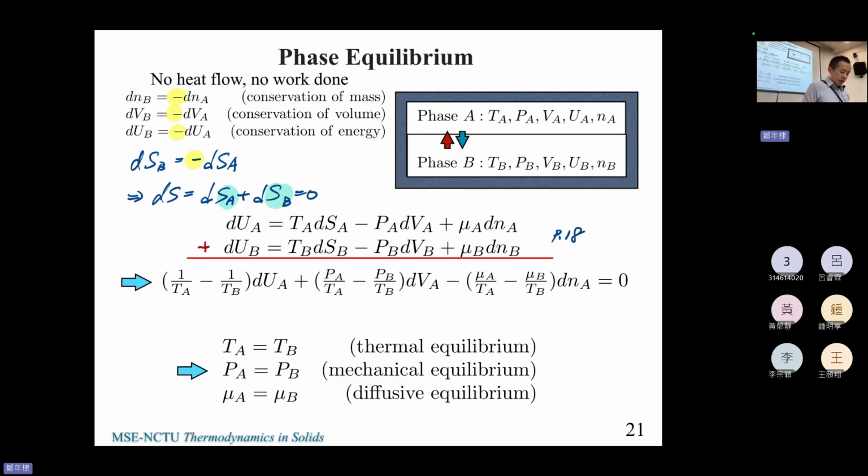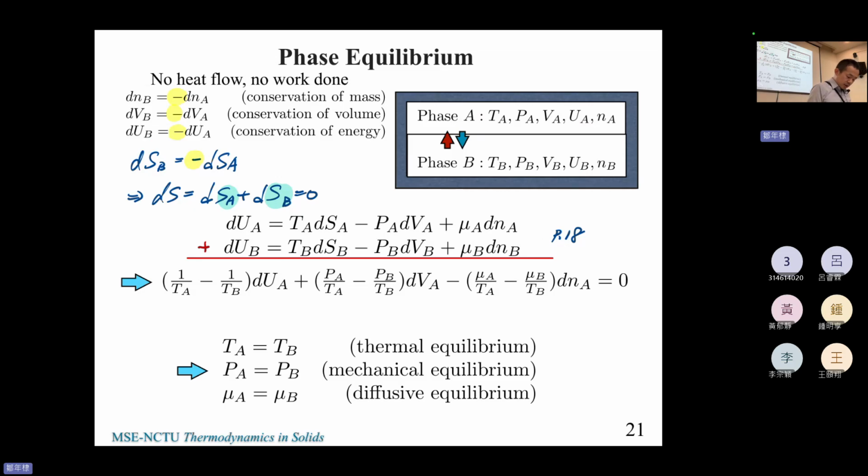Then in page 18, we can write down dU equals this one, for both sides of the material, phase A and phase B. And sum that together, it becomes this one and that one. No problem. Okay? Now, let's take a look.